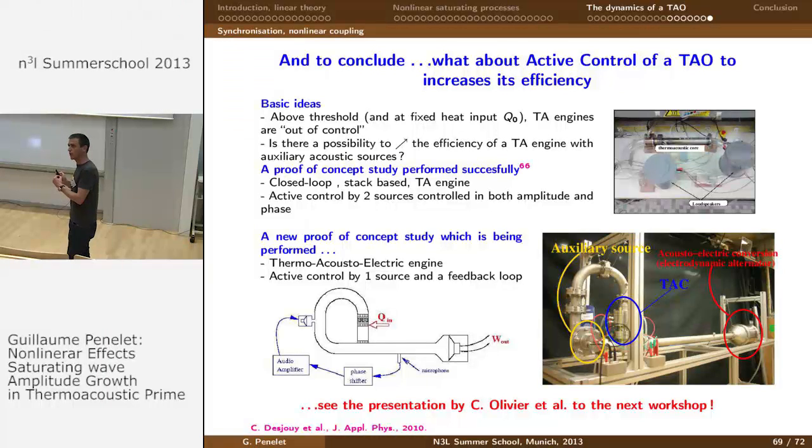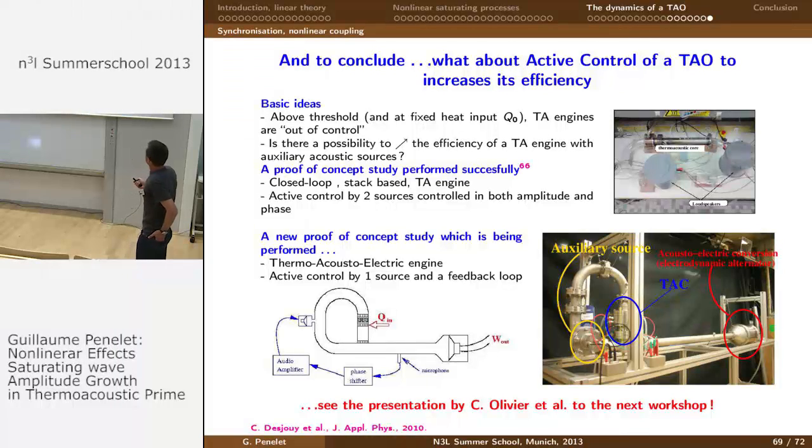And we have demonstrated in that device that under some circumstances, we can have an additional acoustic power in the closed loop which is larger than the power that we have provided to the loudspeaker. So this proves that we have a nonlinear interaction that increases the efficiency of our engine.